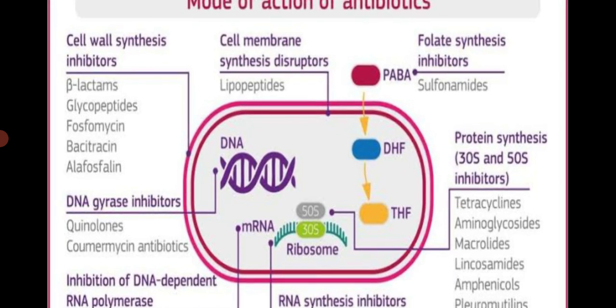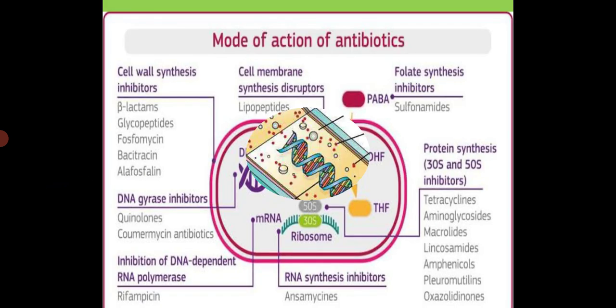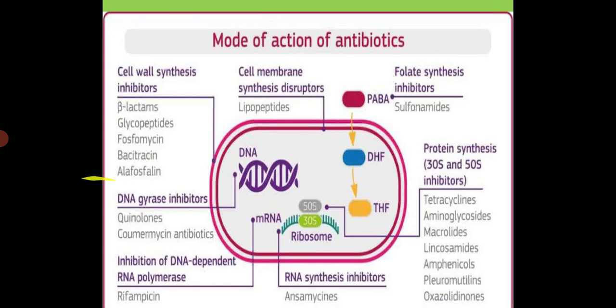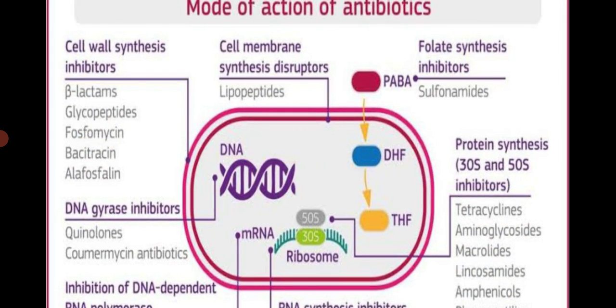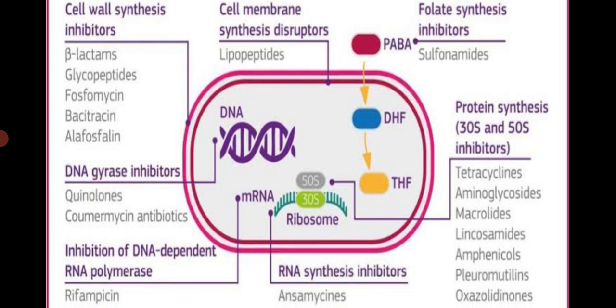The cell wall synthesis inhibitors, for example, beta lactams, glycopeptides, phosphomycins, bacitracin, these are the cell wall synthesis inhibitors. Then DNA gyrase inhibitors: quinolones and coumermycin. The RNA polymerase inhibitor is rifampicin, an ansamycin.